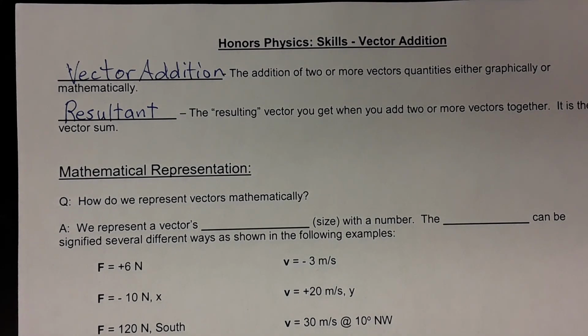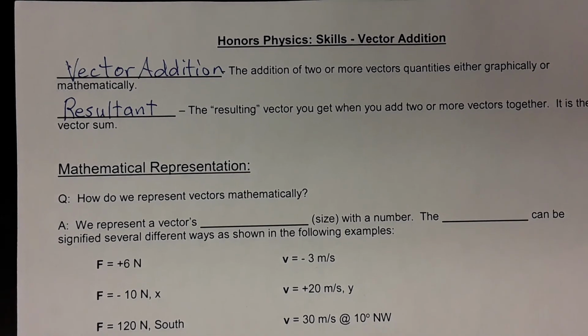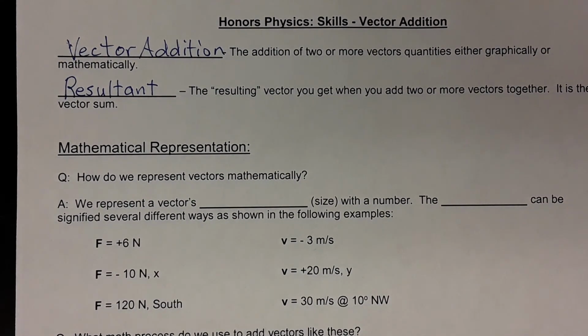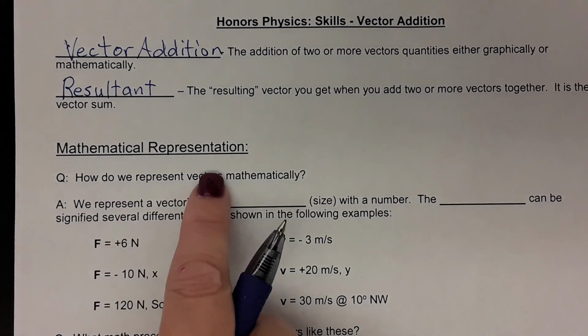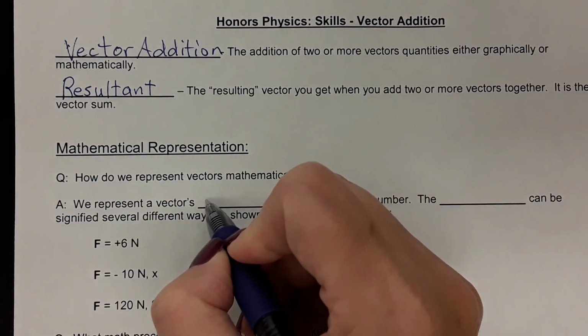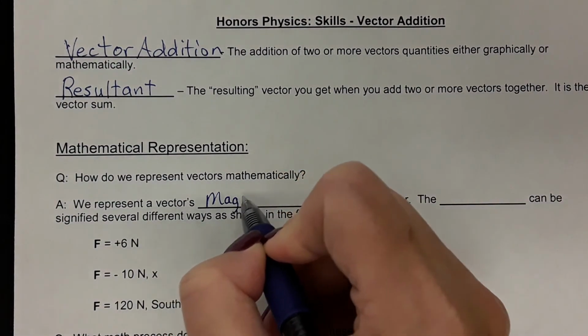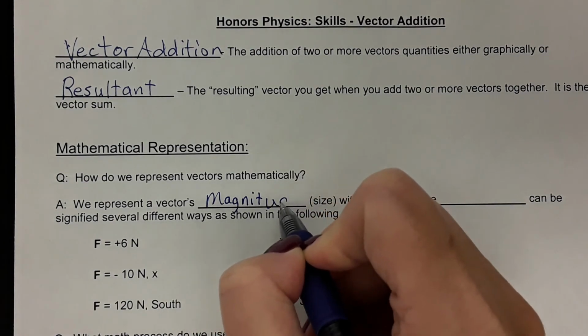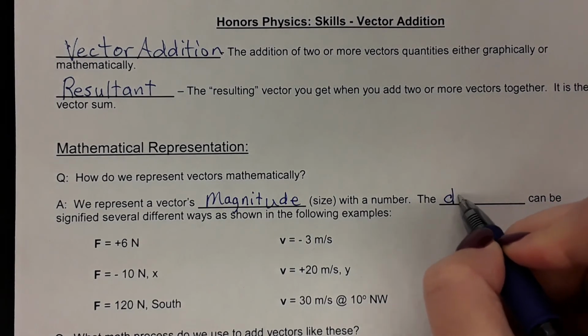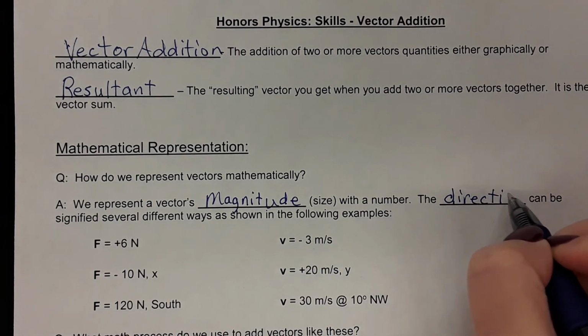Now, in order to see how we're going to deal with vectors, we need to know how to represent them properly. And there's two ways. You can represent a vector mathematically by looking at the magnitude, a number that represents its size, and you can look at the direction of the vector several different ways, actually.